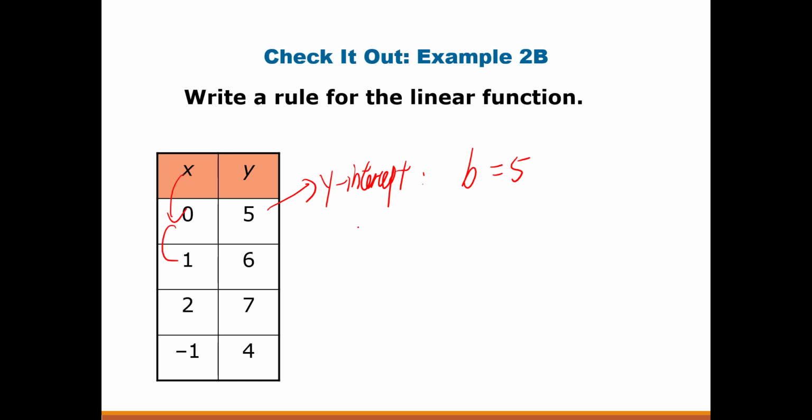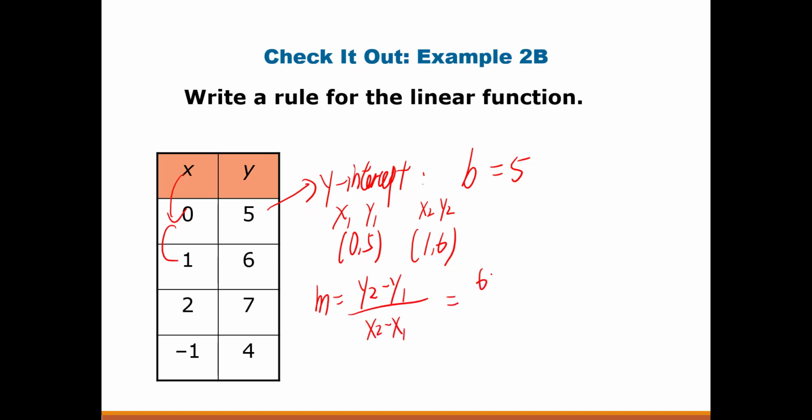So take the first 2 ordered pairs, (0, 5) and (1, 6). Label this x1, y1, x2, y2. And let's find the slope using the slope formula, y2 minus y1 over x2 minus x1. 6 minus 5 over 1 minus 0, so it's 1 over 1. That's 1. So now we know slope is 1.